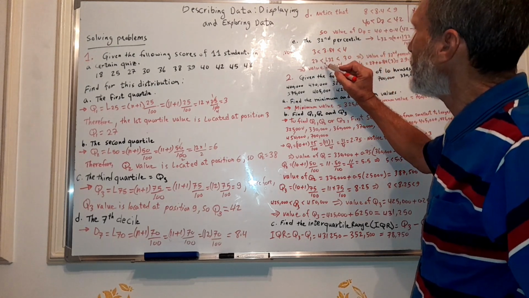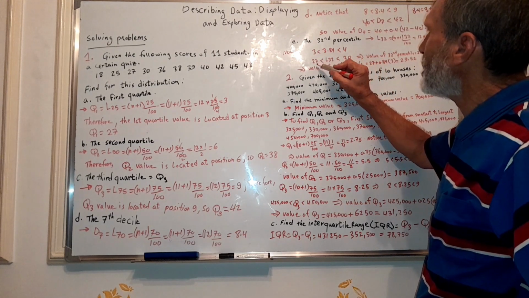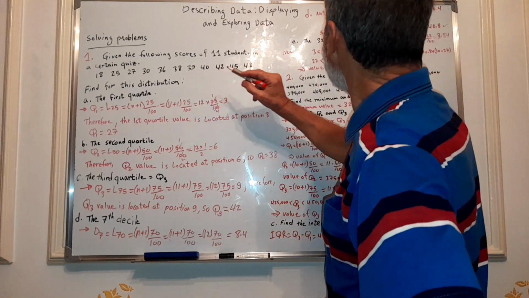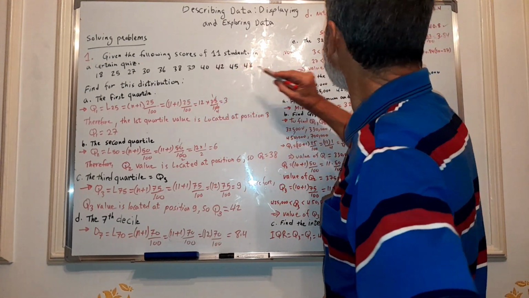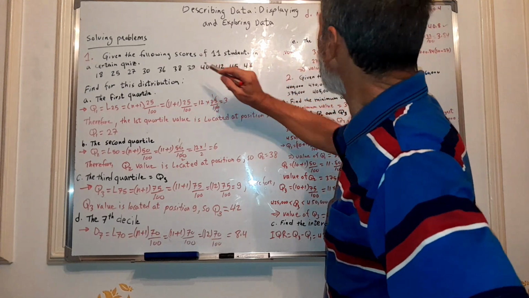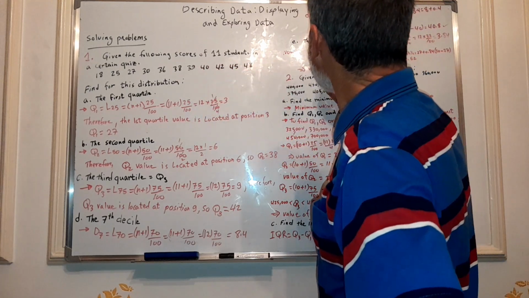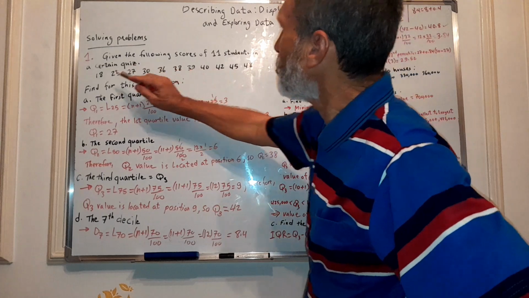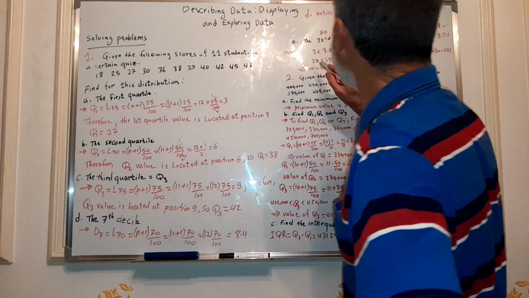The location of it is between 27, which is here, L32, between 27, okay, 3 is 1, 2, 3, 27 and 30.